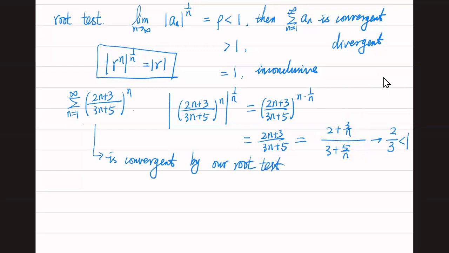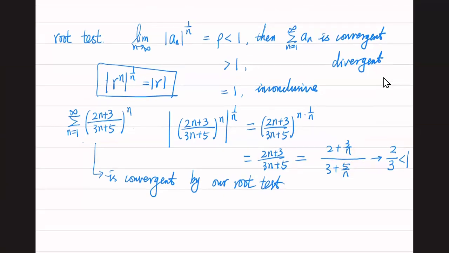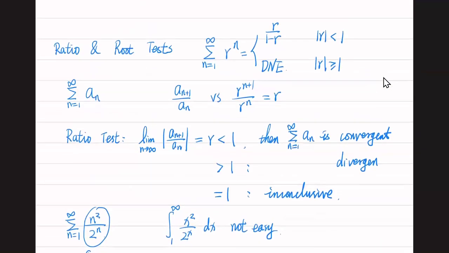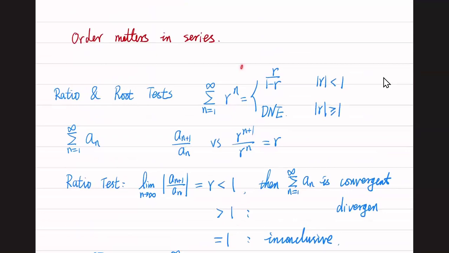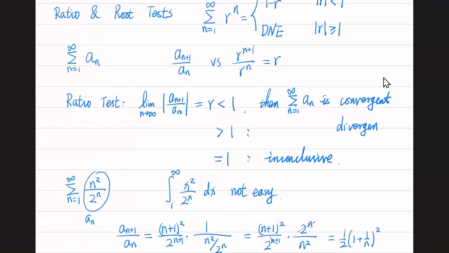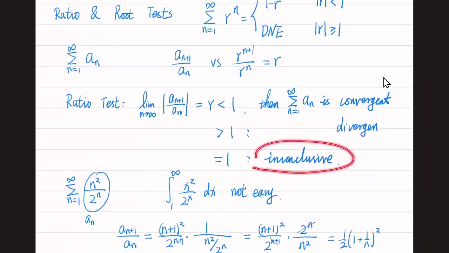Okay, so for both the ratio test and the root test, we compare them to our model series, the geometric series. If this is less than 1, it's convergent. Bigger than 1, divergent. However, there is a case when it's inconclusive, when it equals 1.